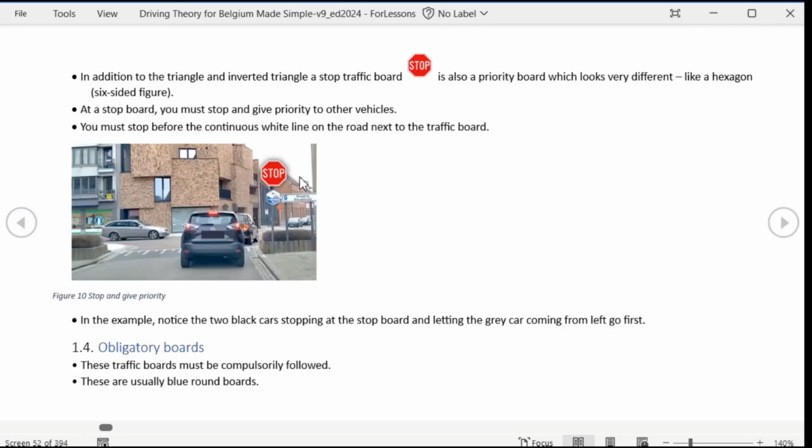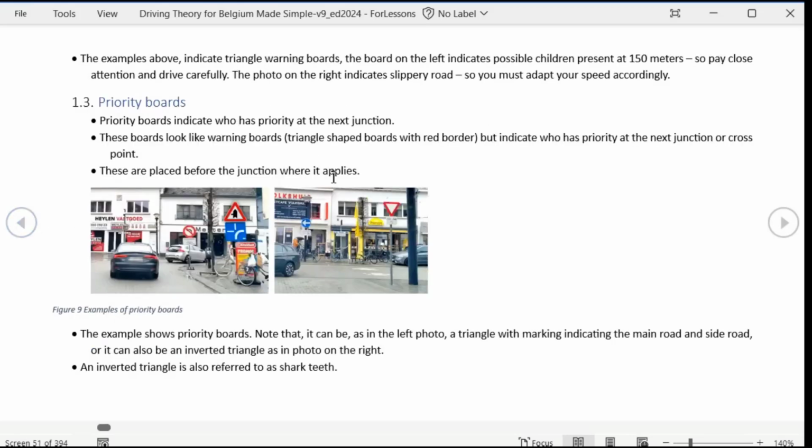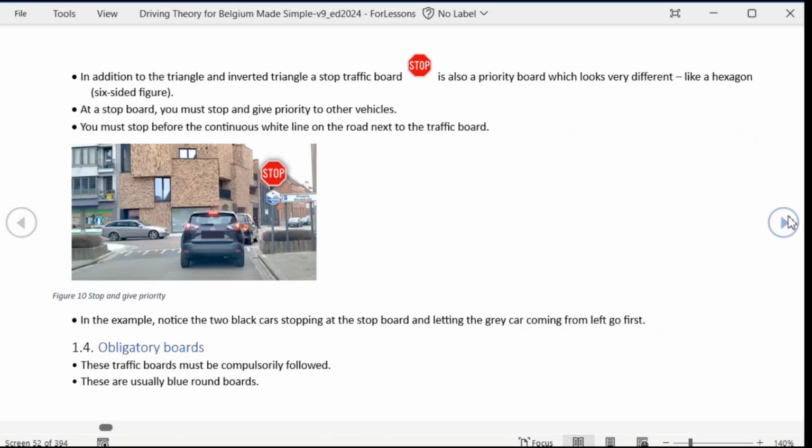So what's the difference between this stop sign and the shark teeth that we discussed? Basically, when you see a shark teeth, it's not important if you don't stop. If you see that the road is totally empty, you can just drive carefully into the junction. However, when you see a stop board, it doesn't matter if there is traffic, nothing matters.